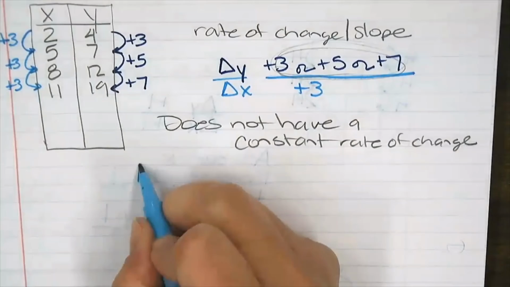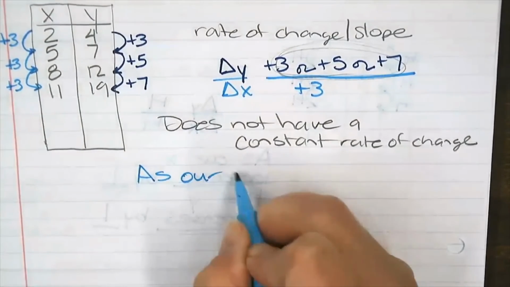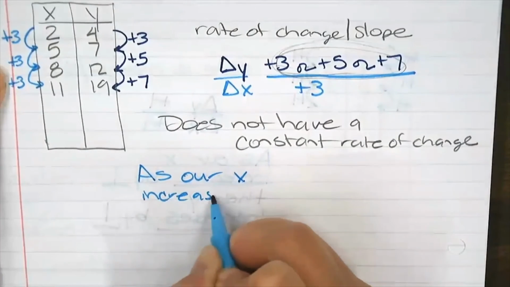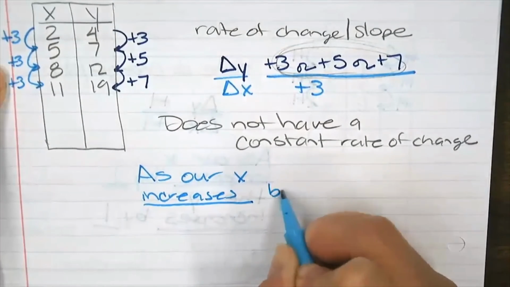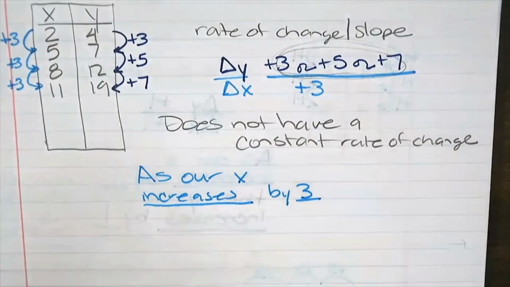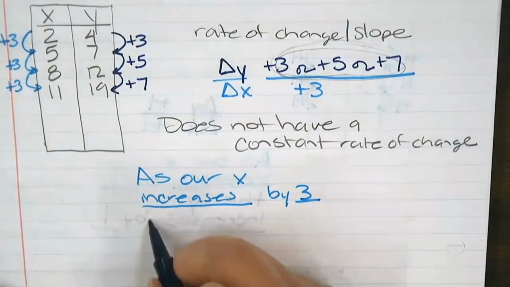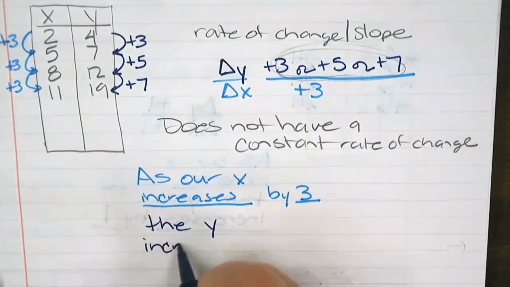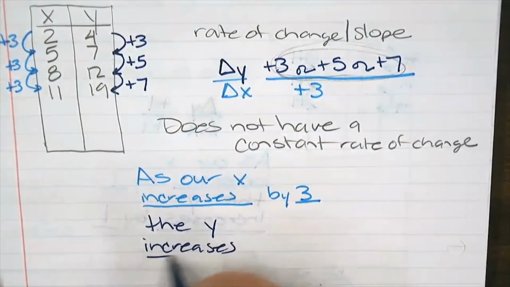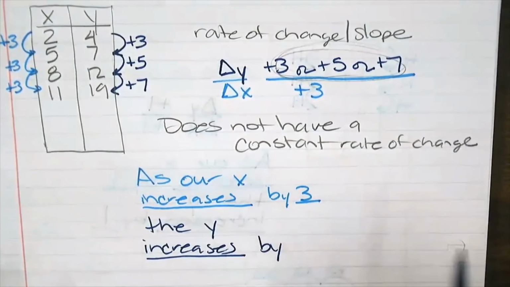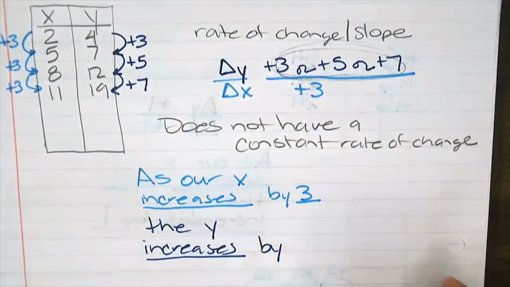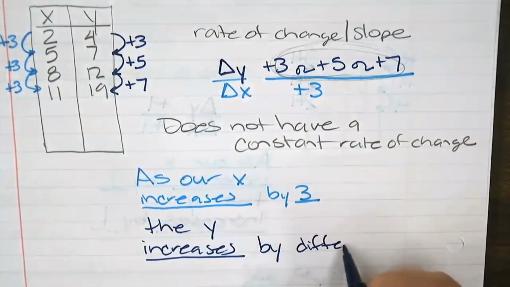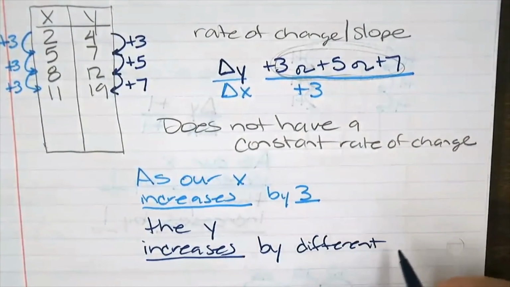So as our x increases by 3, the y increases by 3, 5, 7, by different amounts.